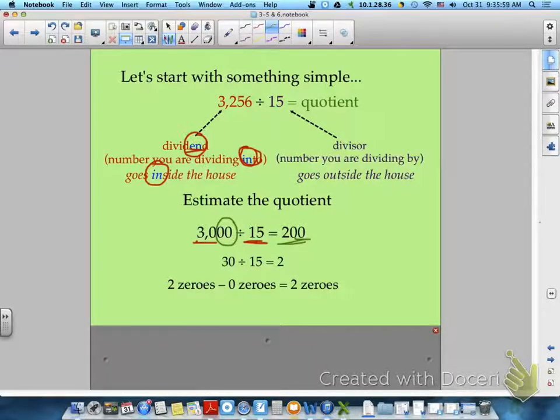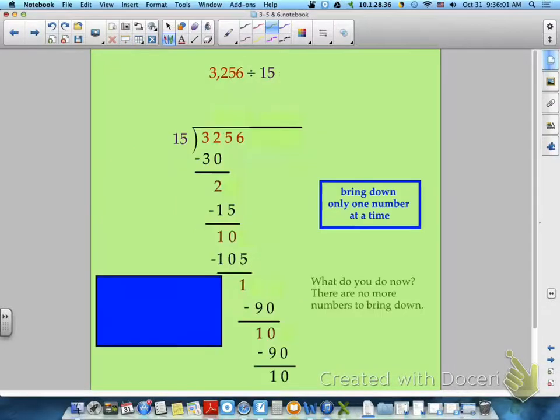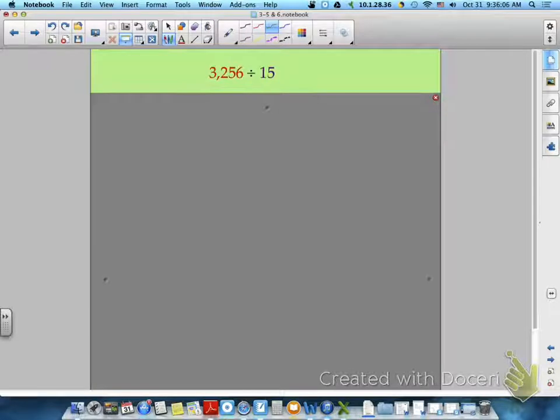Now let's look at an actual division problem. 3,256 divided by 15. That's what we started off with, correct? Okay, now we estimated the quotient, and what was the quotient? 200.